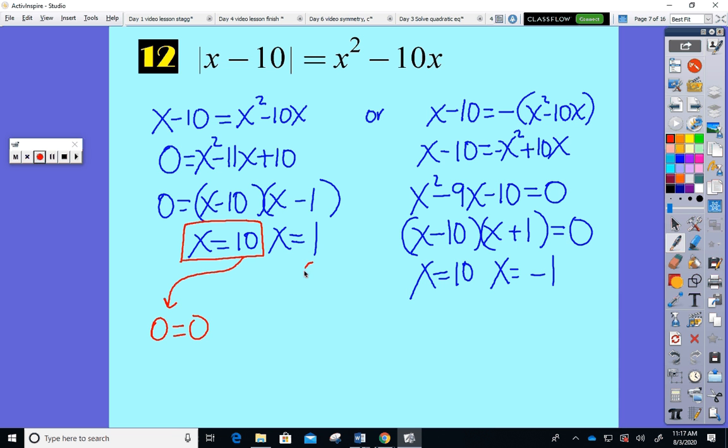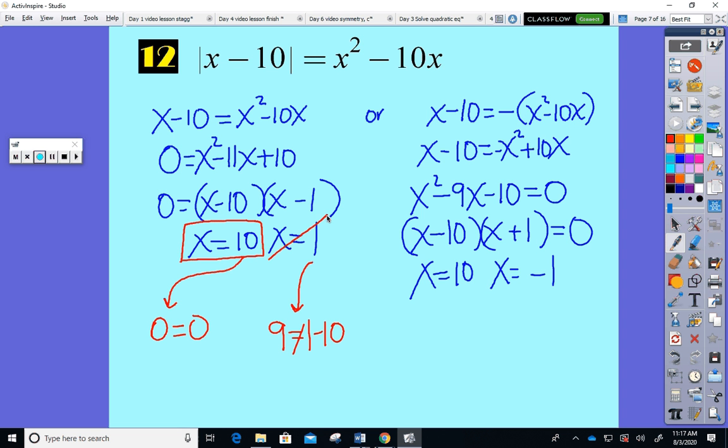Now when I check 1, minus 10 is negative 9. The absolute value is positive 9. Here I get 1 minus 10 times 1. That's not working, is it? So that doesn't work, which tells me x equals 1 is extraneous.